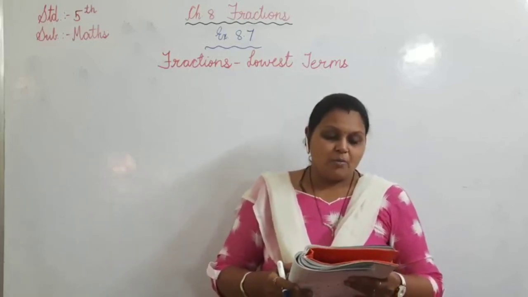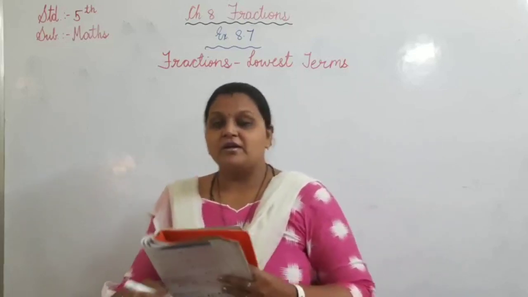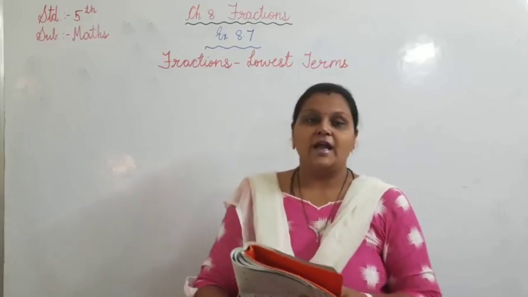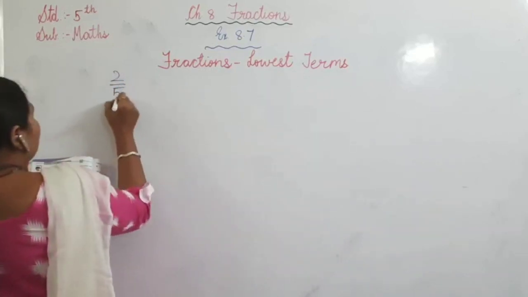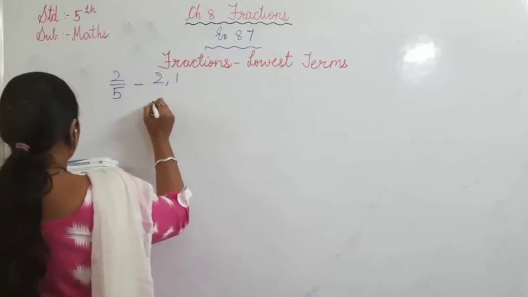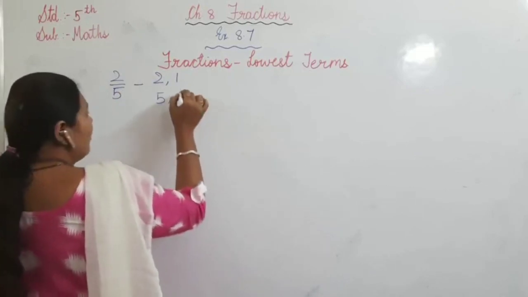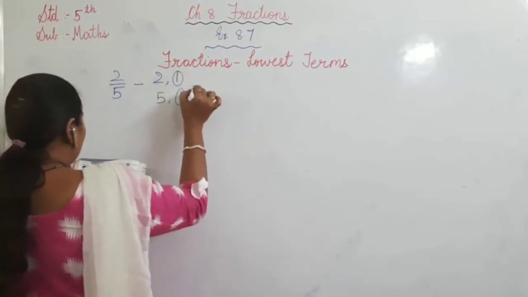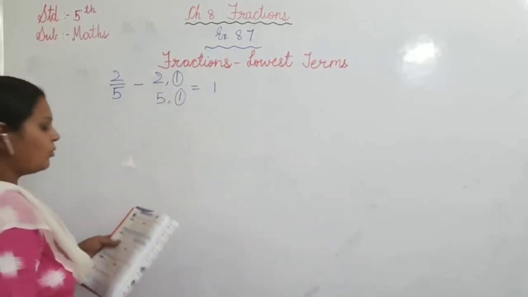First, is 2 upon 5 in lowest terms? Factors of 2 are 1 and 2, and factors of 5 are 5 and 1. Here only one common factor is there, that is 1.